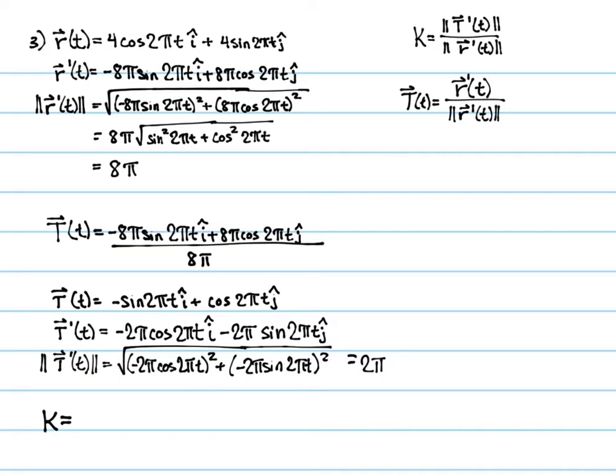Too much zooming in and zooming out. And divide it by what? 8 pi. 8 pi. And we did all that work to arrive at the answer of 1/4. The curvature is 1/4.